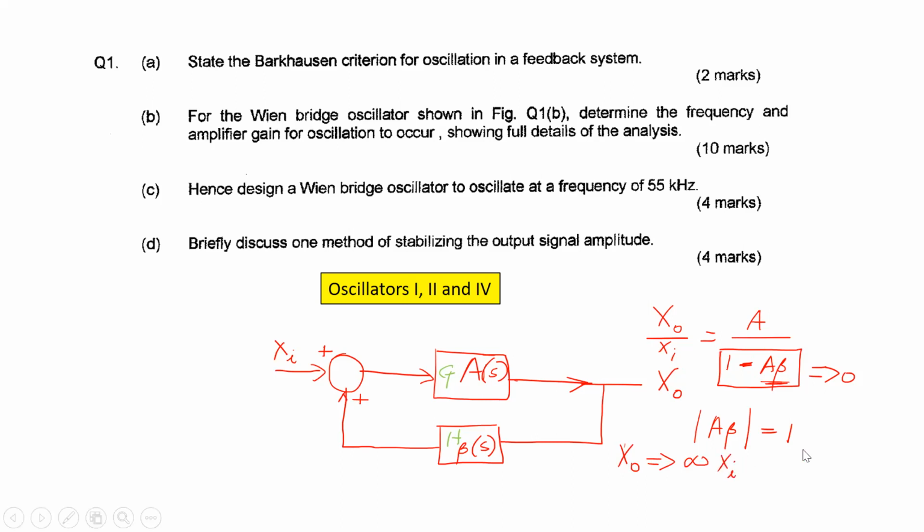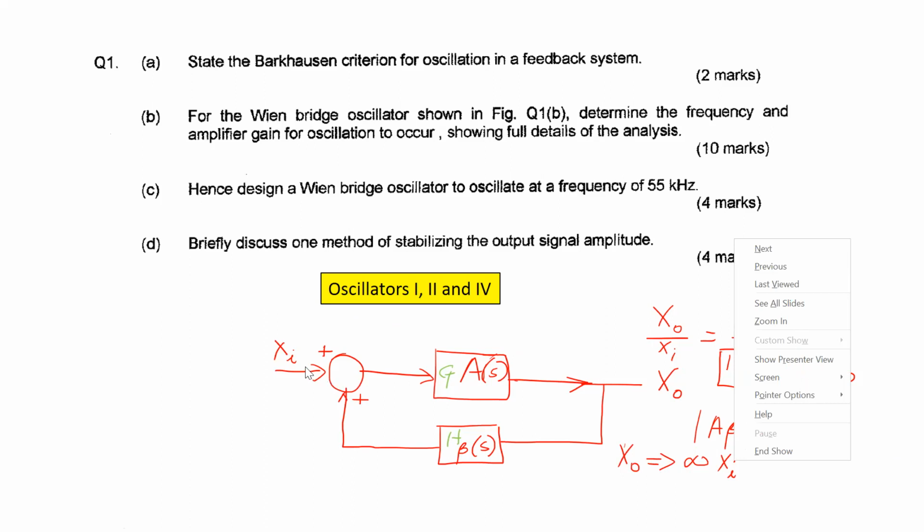Now that is a marvelous kind of arrangement, in that if you have something that is as big as infinity, the littlest input that you have, X in, remember X in is the input here, is going to be multiplied by a huge number, and you're getting an output.